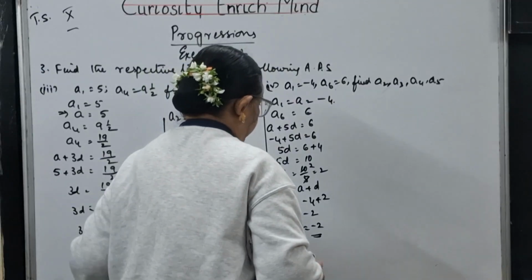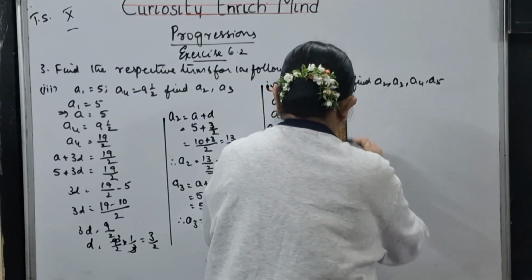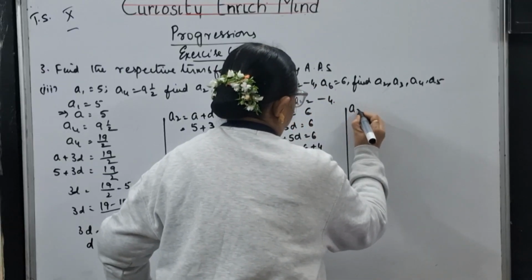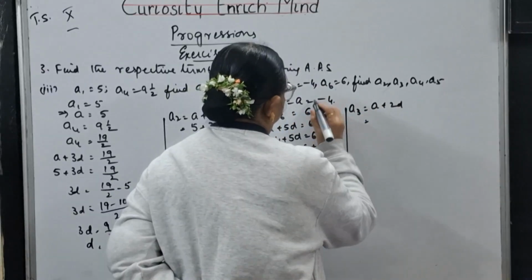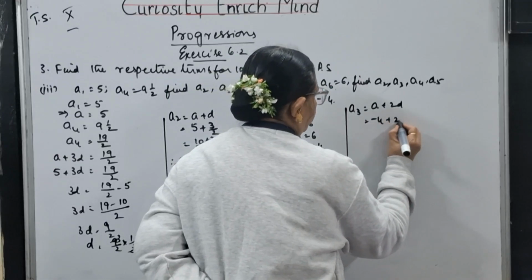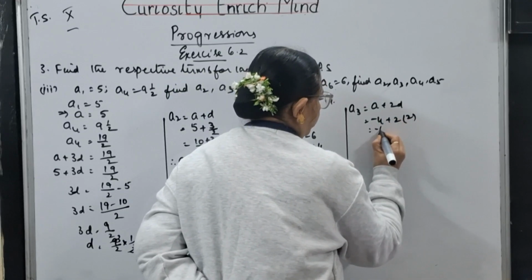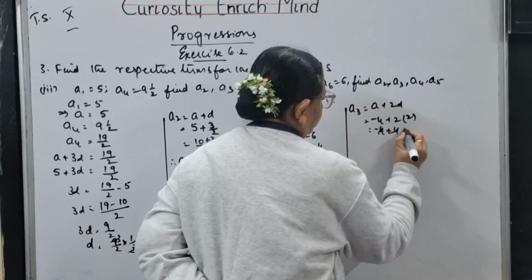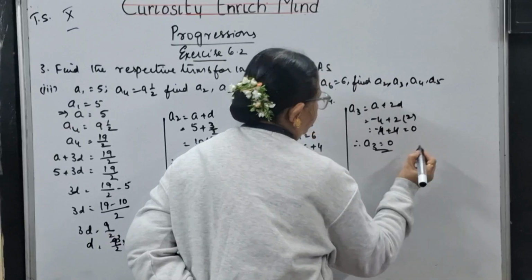Next, what else have they asked? A3. A3 is equal to A plus 2D. That is A is minus 4 plus 2 into D, which we got as 2. Minus 4 plus 4, that is 0. So A3 is equal to 0.